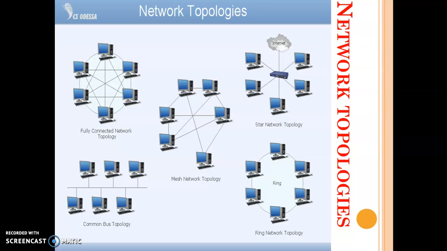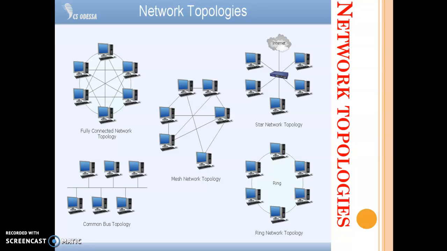The first is a reference to fully connected network topology. You see how all the computers are interconnected, and below we have common bus topology. This may be the way in which our labs are connected in the college. And mesh network topology is seen in the middle.